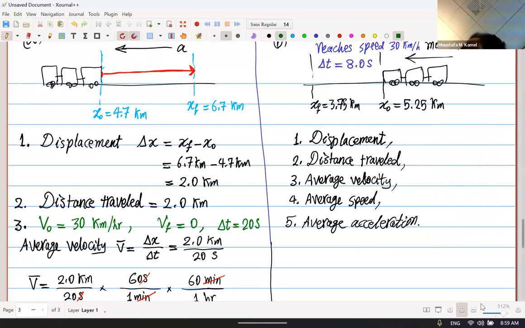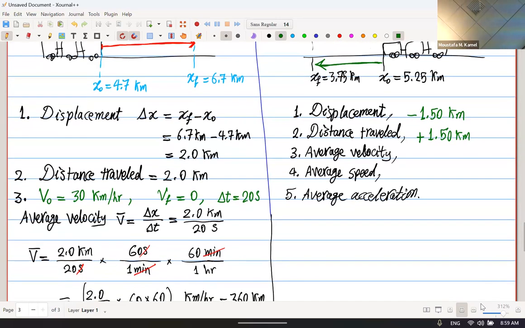So displacement was negative 1.5 kilometer. Okay, because it was to the left. So the direction of displacement vector is to the left in this case. Distance traveled is positive 1.5 kilometers, because distance is magnitude, it cannot be negative.